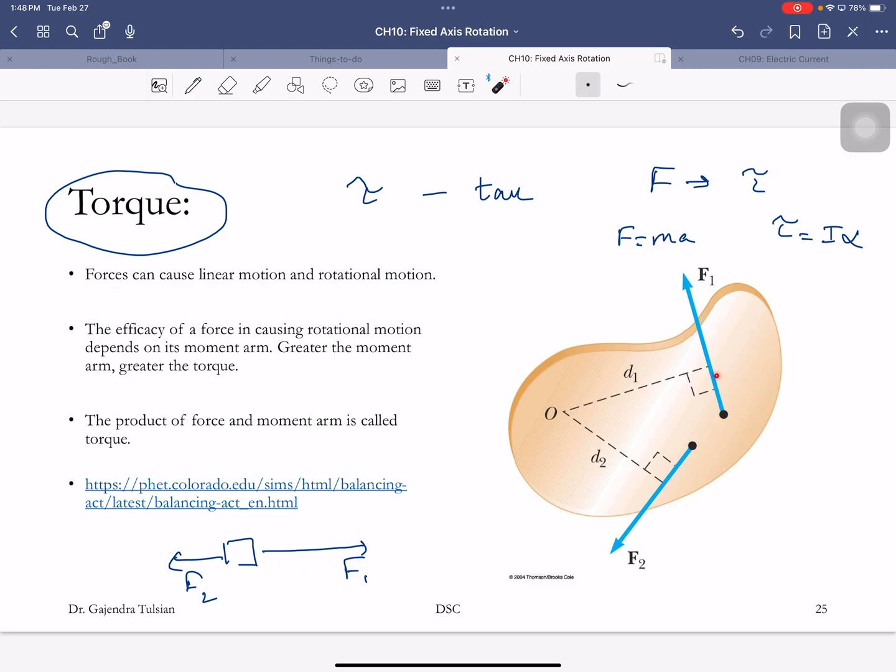So similarly, let me ask you this. Let's say I apply a force like this, whose magnitude is equal to this magnitude. I'll apply 10 newtons in this direction, 10 newtons in this direction. Which way will it move? What if this point was there?